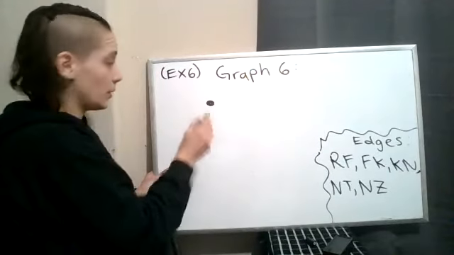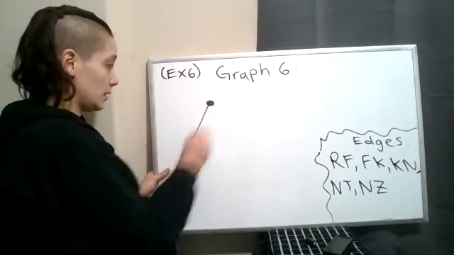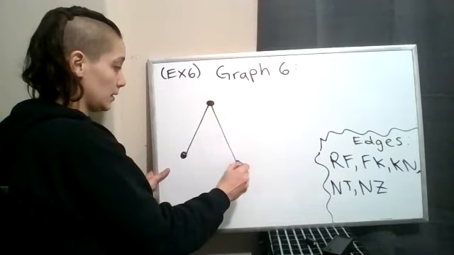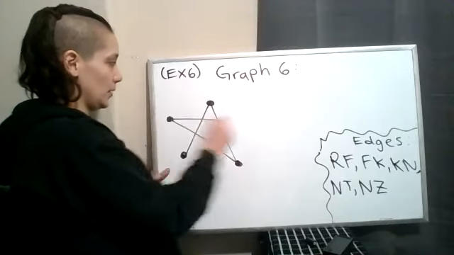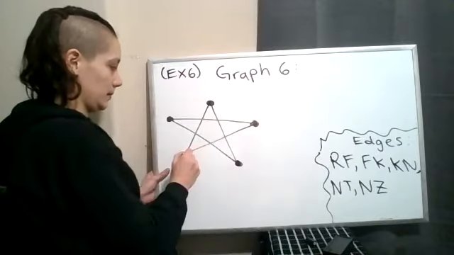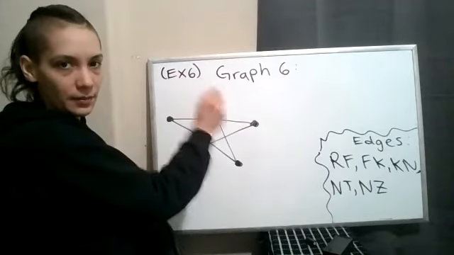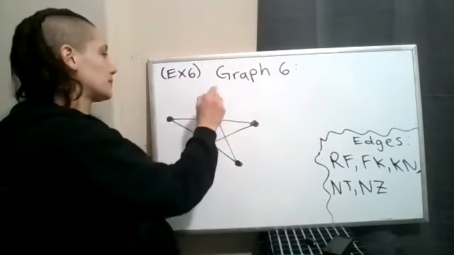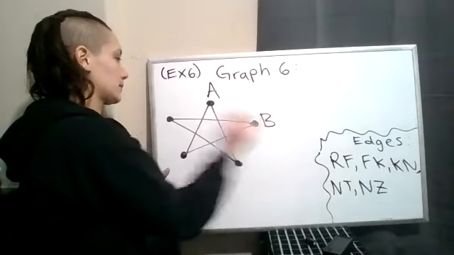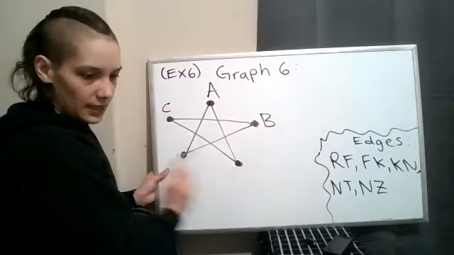So with the star, I'm going to go down, down, over, over. Starting here with A, B, C, D, E.